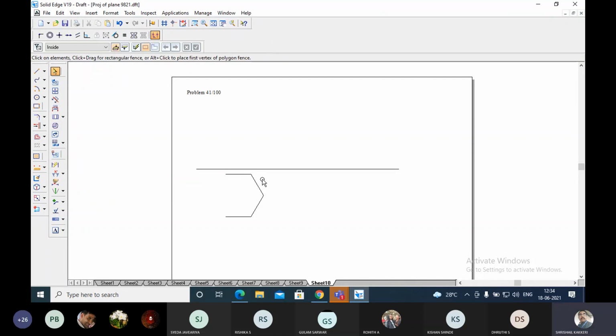Control, copy these two, go to mirror from mid of this one to mid of this. Okay, now I got it like this.